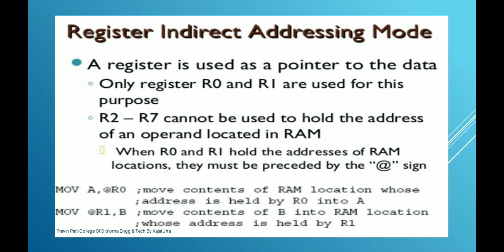But if the instruction contains the letter X, that is MOVX, then it is used to access the external data memory. The instruction with C, that is MOVC, is used to access the internal as well as the external program memories.